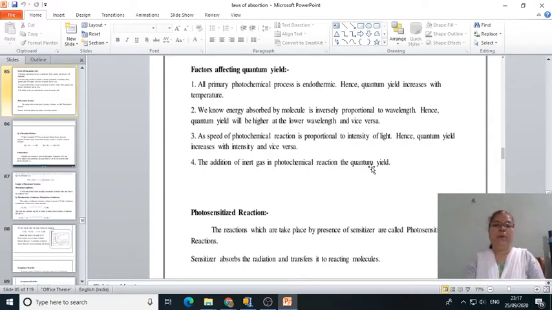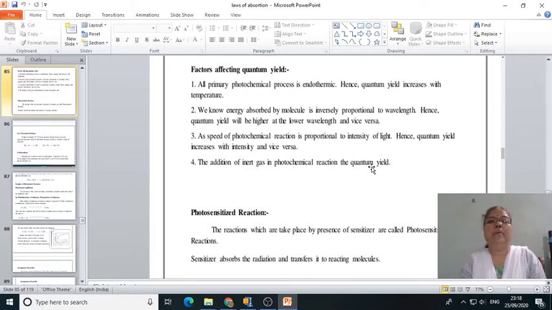Then you have seen the photosensitized reactions, and photosensitized reactions are the reactions which occur due to the addition of a sensitizer, any sensitizer, because the reacting molecule is photochemically inactive and it is not able to absorb the light radiation.